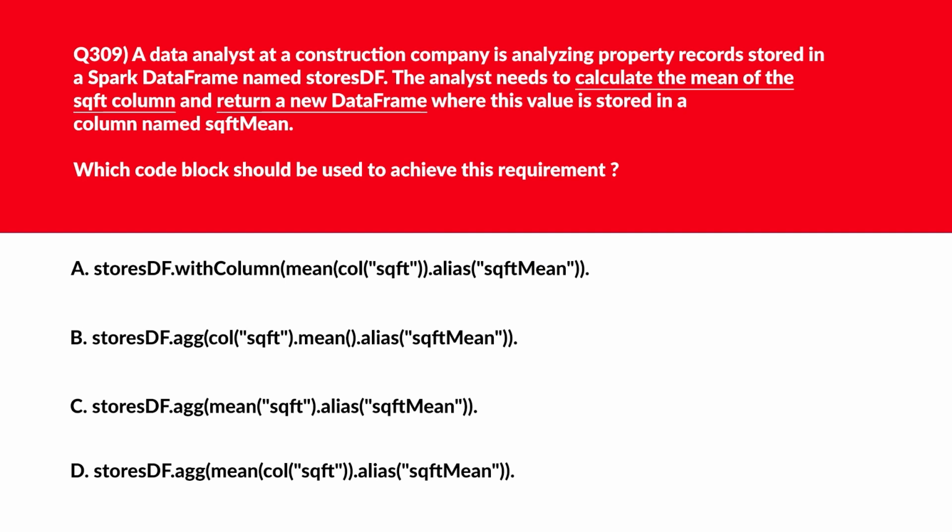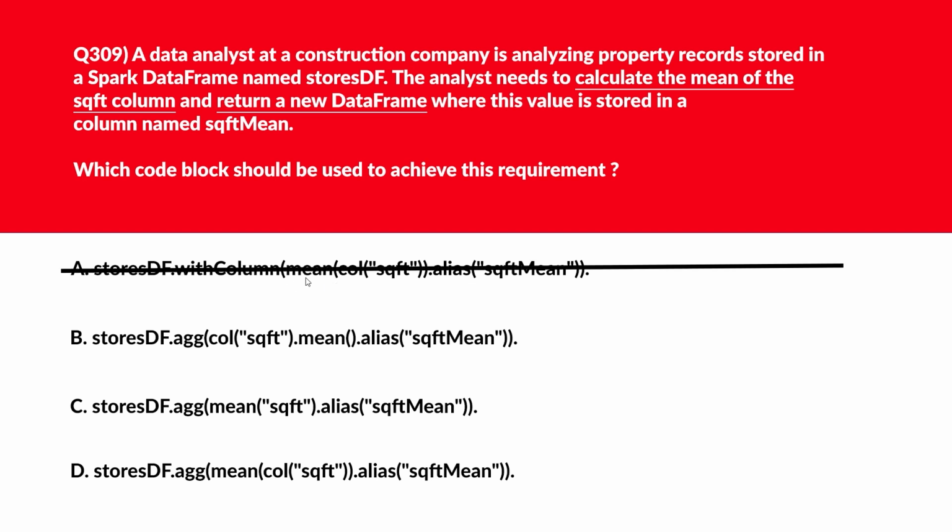All right, now let's look at this scenario where we need to calculate the mean of the square feet column and return a new data frame where the value is stored in a column named square feet mean. So option A, withColumn function expects a column expression, not an aggregate function, so it fails.